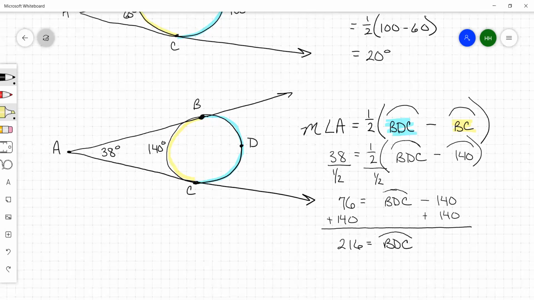Well, I think what's wrong is that angle A can't be 38 degrees if it's intercepting a 140 degree arc. I've got a feeling that if you took a 38 degree angle and started moving it closer to a circle, when it finally hits the circle, it's not going to create a 140 arc.